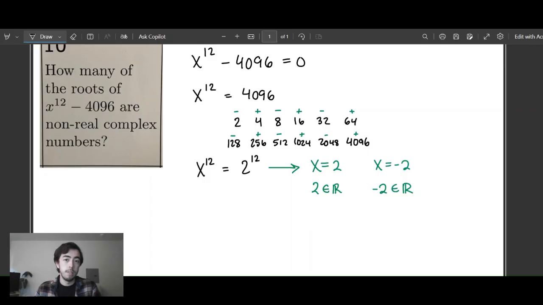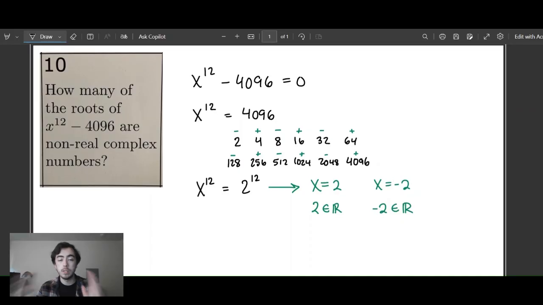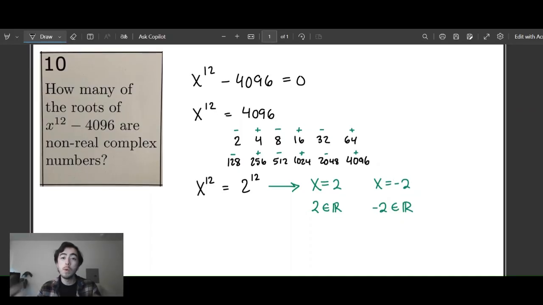Referencing something called the fundamental theorem of algebra is actually enough to just solve the problem outright. And so let's do that first, because that's the most efficient way to confirm that the answer is 10 today. The fundamental theorem of algebra states that the degree of your polynomial is the same amount of complex roots you're going to have.